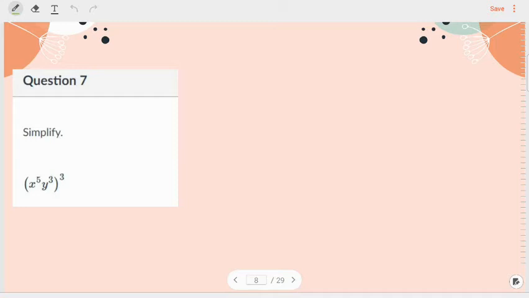If I'm looking at my next problem, you'll notice that I've got x to the 5th and y to the 3rd inside the parentheses and just a random 3 outside. We're saying the parentheses is to the power of 3. So I'm repeating what's inside the parentheses 3 times.